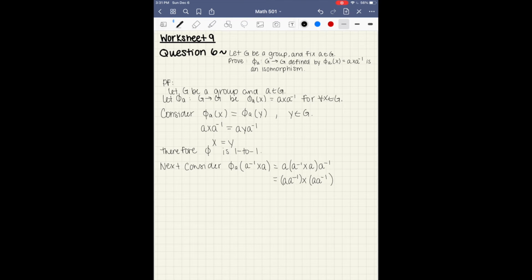The A A inverse will go to the identity, and now we have just x. So this proves that it is onto.